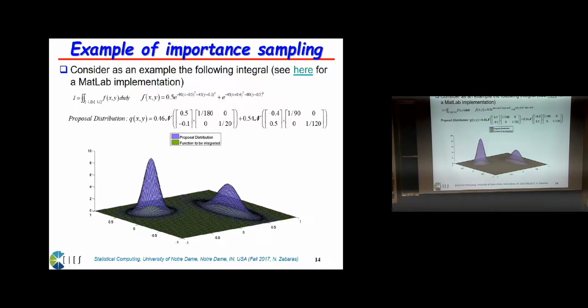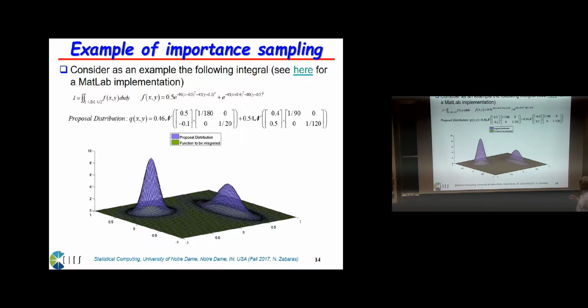We need to be sure that the coverage of the Q distribution is the same or broader than the coverage of the function f. So we select as a proposal distribution something that looks like that, in blue: this mixture of two Gaussians forms the proposal distribution Q.